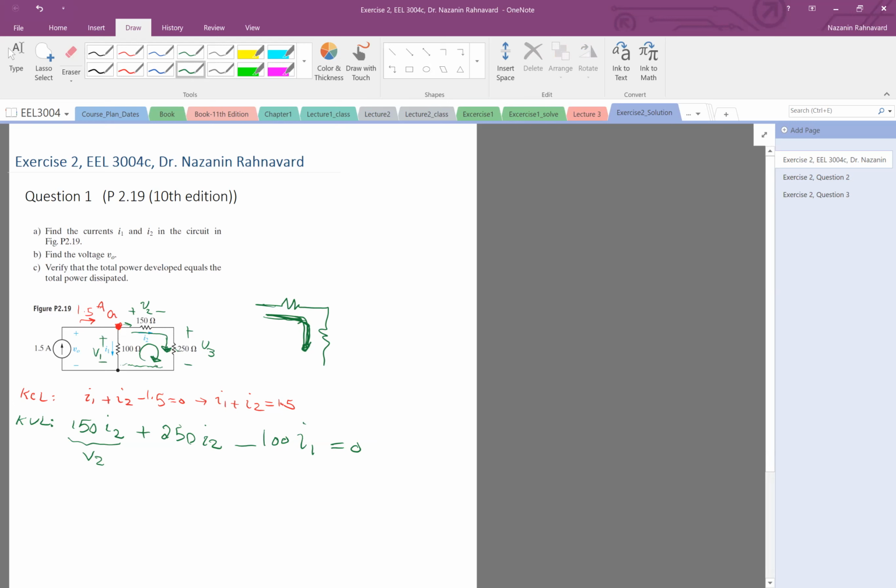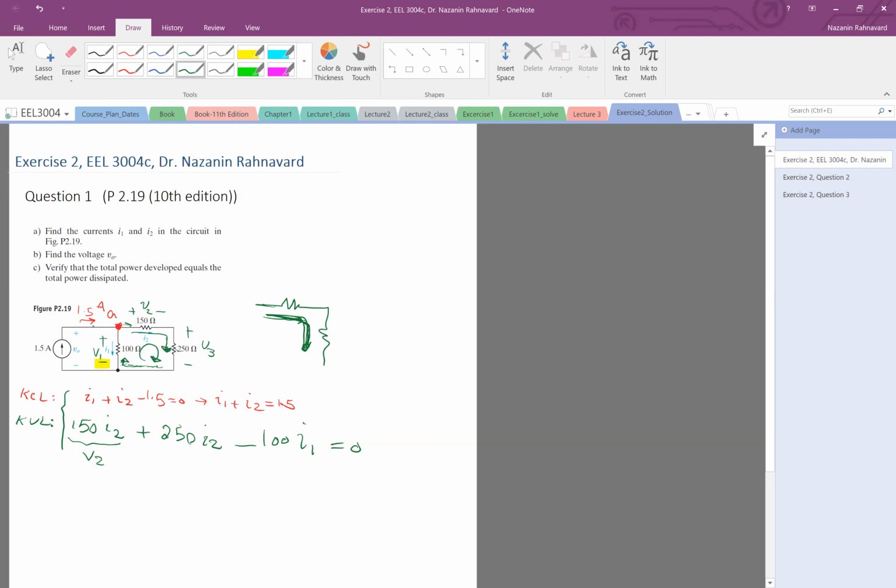So when I was going through the KVL, I hit a negative sign. I was going up, but the current is going down, so that's why you put a negative. The more exercises you do, the more you will know automatically what is plus and what is minus. So again, 150 times I2 plus 250 times I2 minus 100 times I1 equal to 0. Very good.